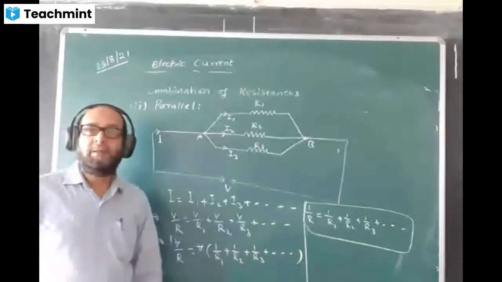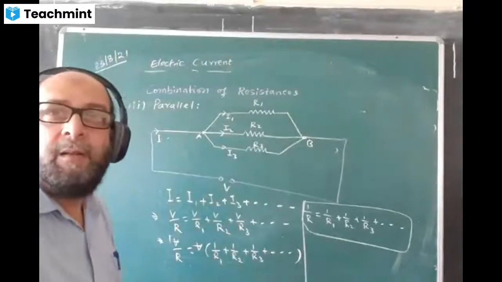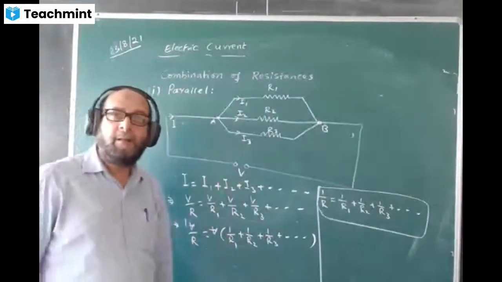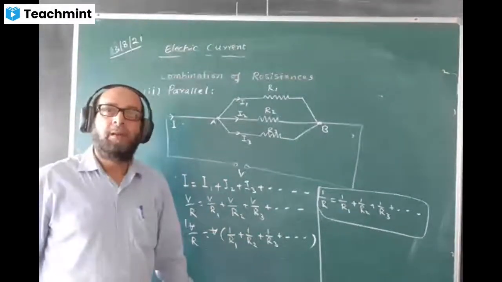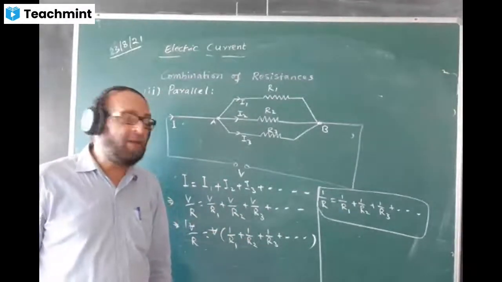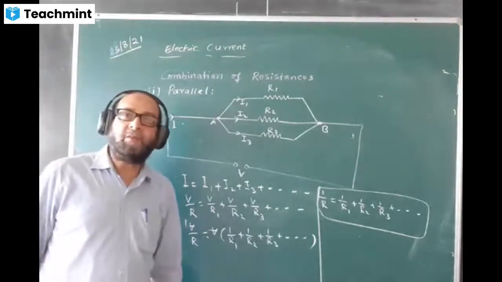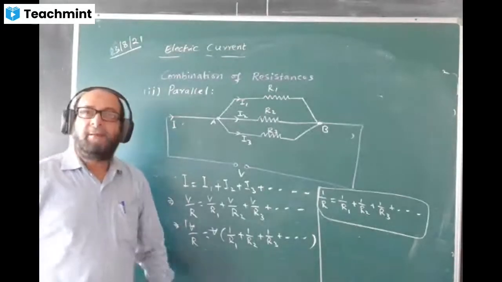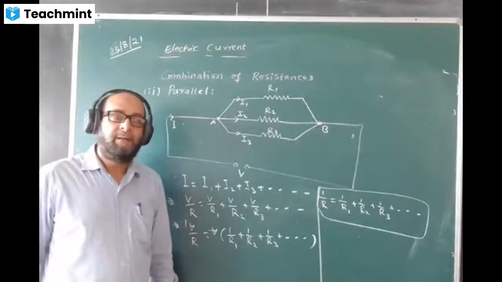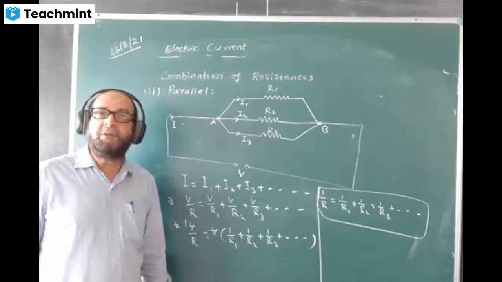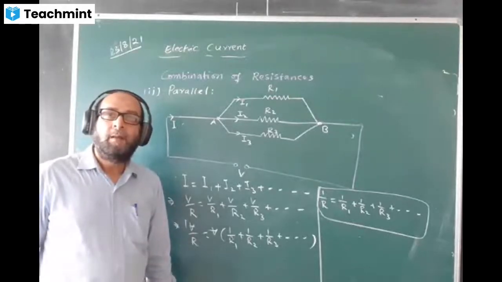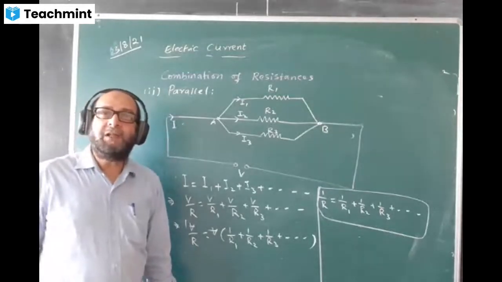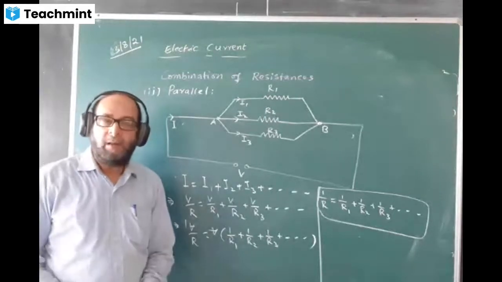Okay, now write down below it. In parallel, the total resistance is less than the least of the individual resistances.